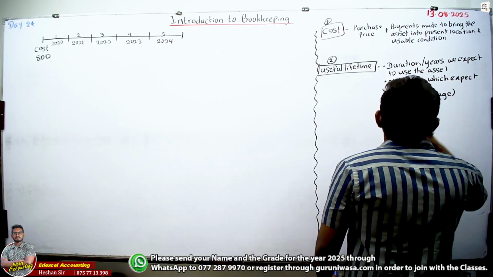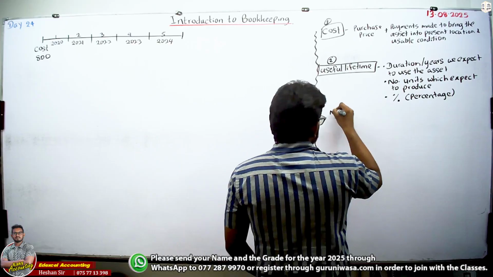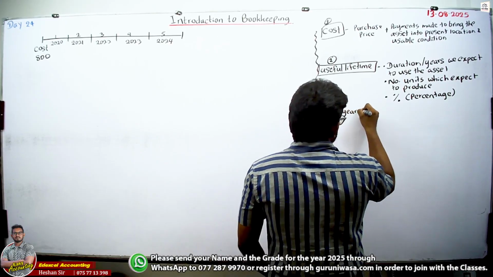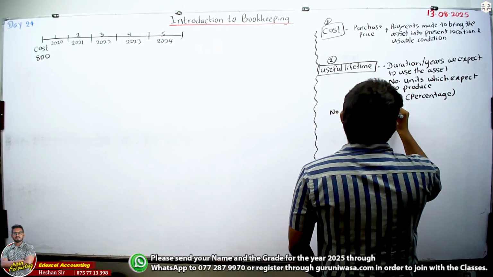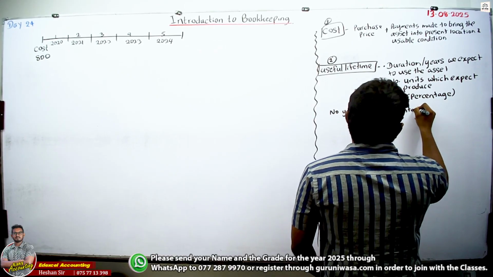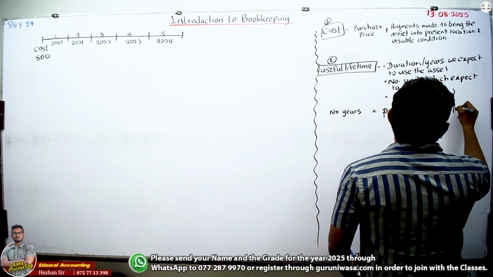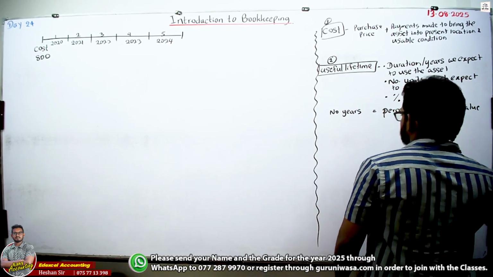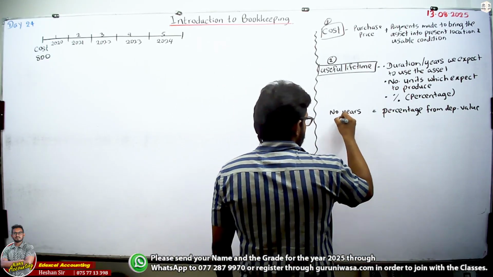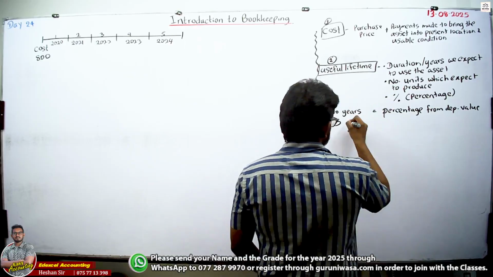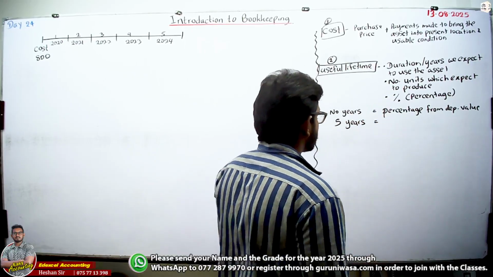Means the number of years you can tell as a percentage of the depreciable value. Don't think about depreciable value now. Now let's take 5 years. How can you tell it as a percentage?